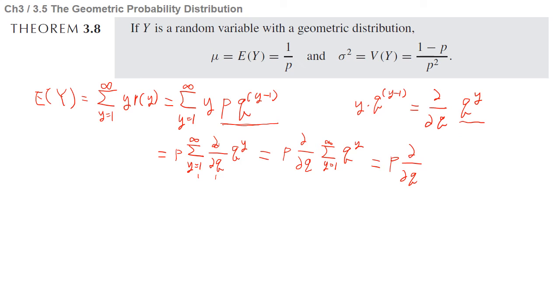The sum of this series is q over 1 minus q, the first value at y equals 1 being q. This can be written as 1 over 1 minus q, minus 1.